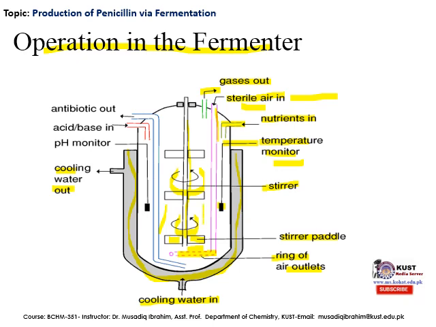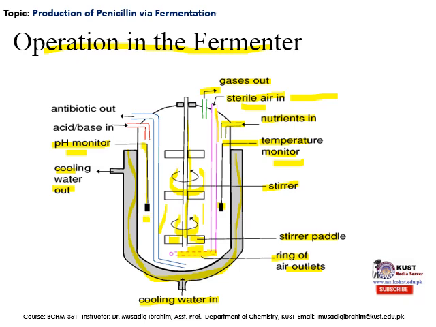There is also the provision of pH monitoring. So the fermentation process takes place at an optimum pH, and that pH is being monitored through a device which is inserted into the fermentation tank.